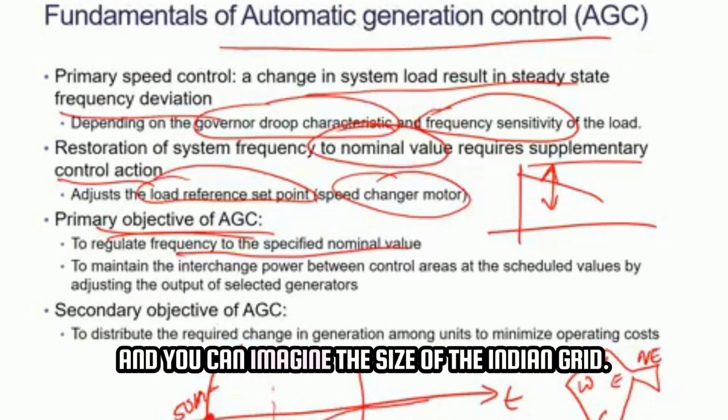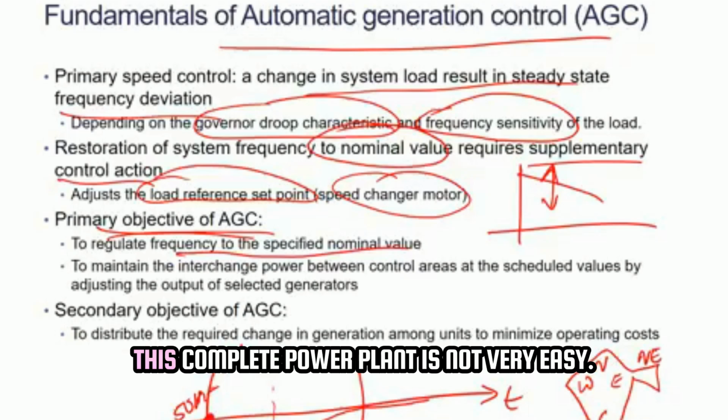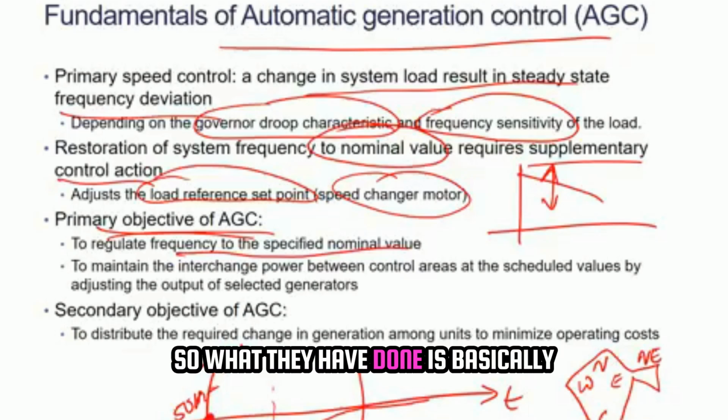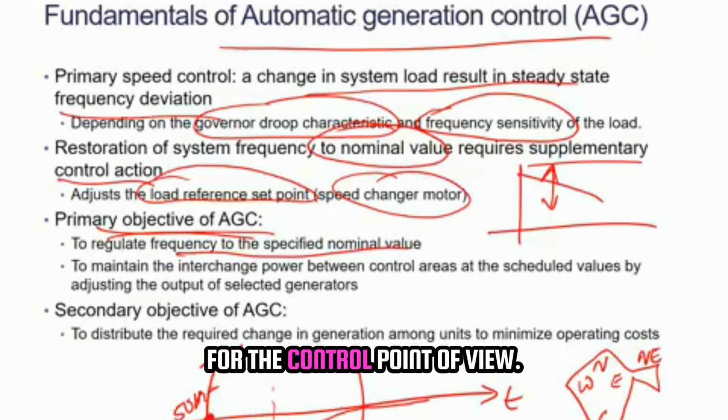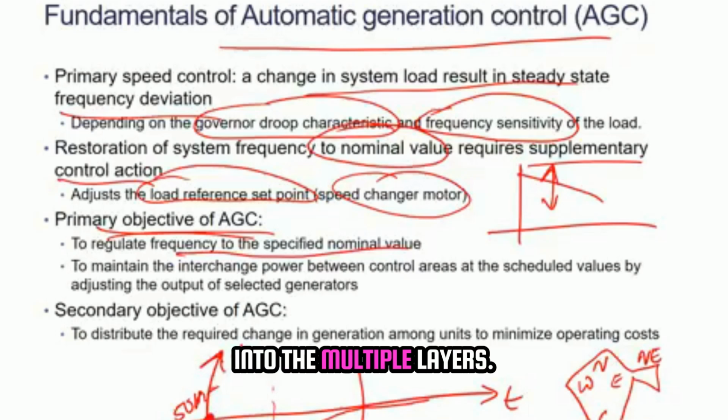And you can imagine the size of the Indian grid, and there are a lot of power plants. To control this complete grid is not very easy. So what they have done is, from the control point of view, to control this big Indian grid, they have divided it into multiple layers.